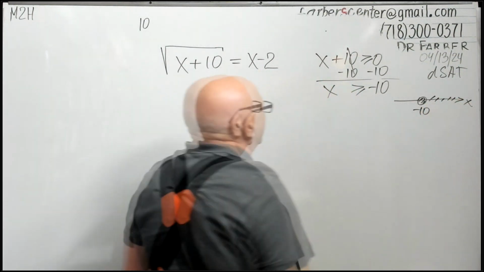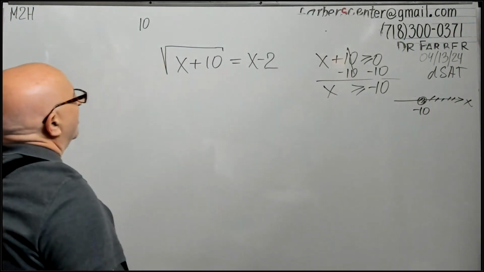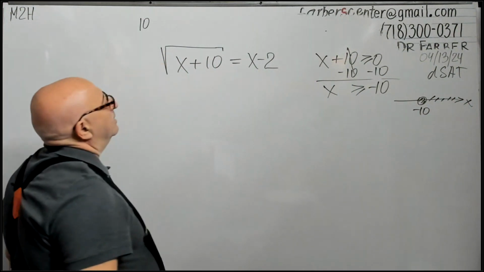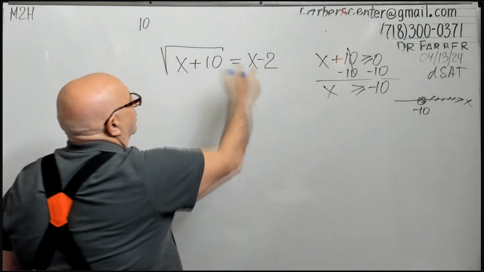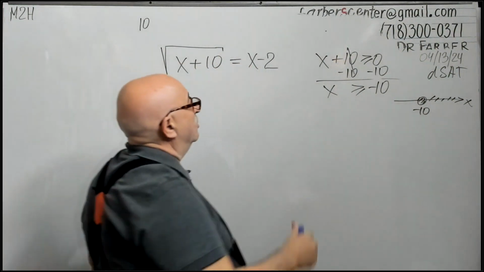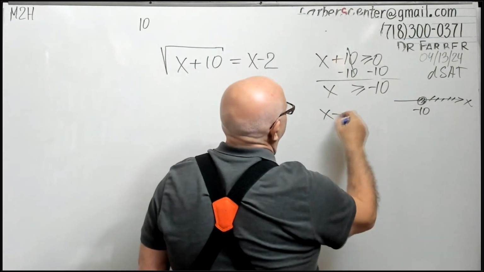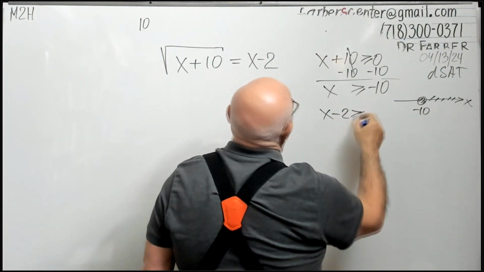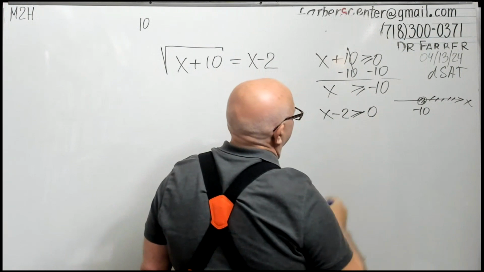The second: a square root is never negative, so this part cannot be negative. So x minus 2 also must be greater than or equal to 0.